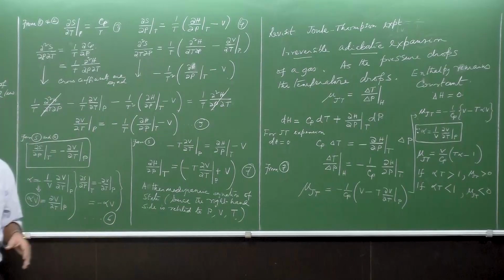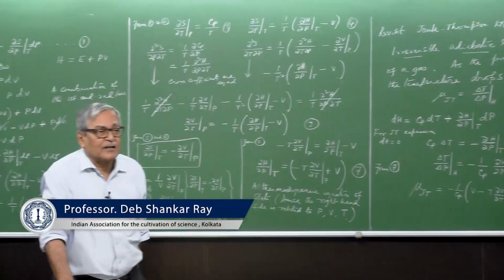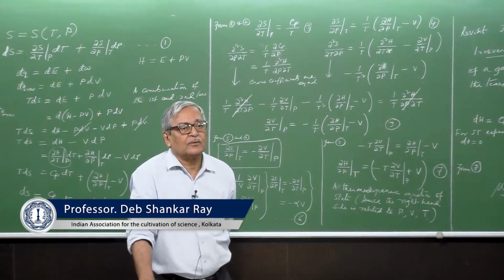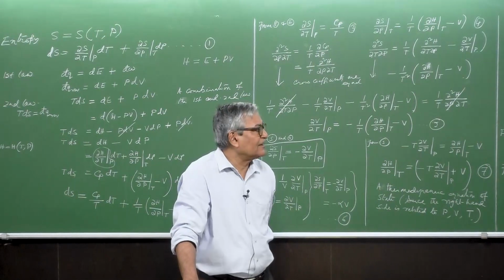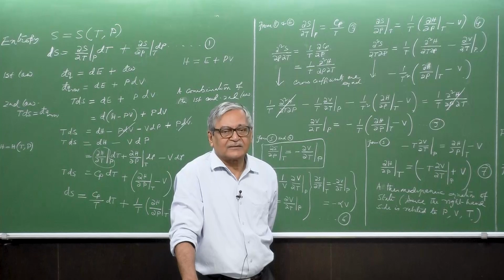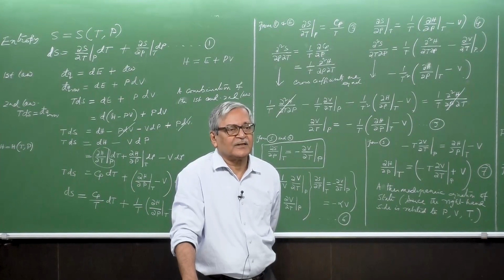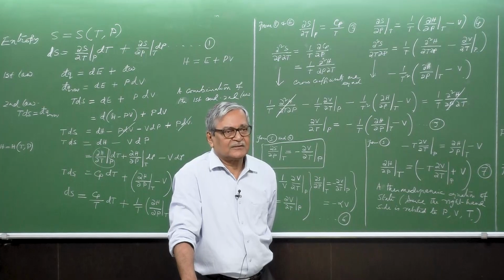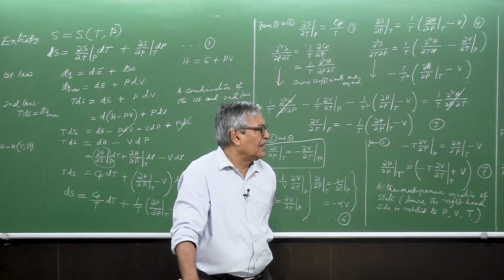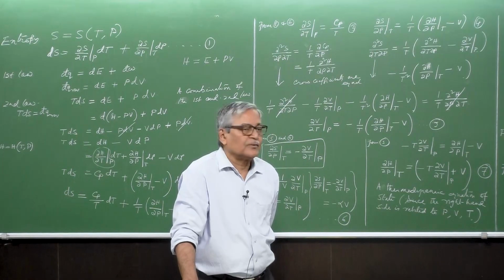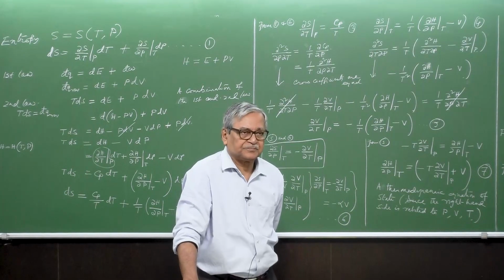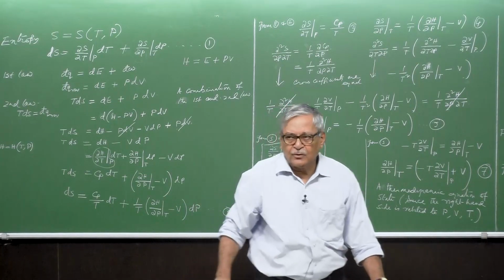With this, we conclude this particular part and go on to the next topic, specific cases again for ideal gas and other things, and how to work out the entropy as such. So with this, I stop here and move on to the next session. Thank you all for your attention.